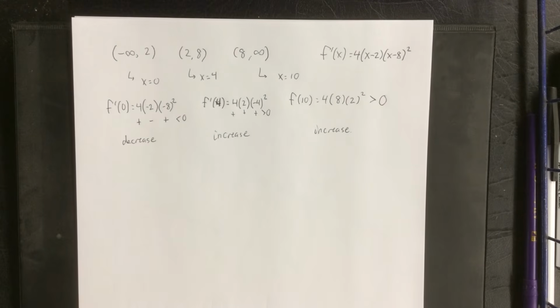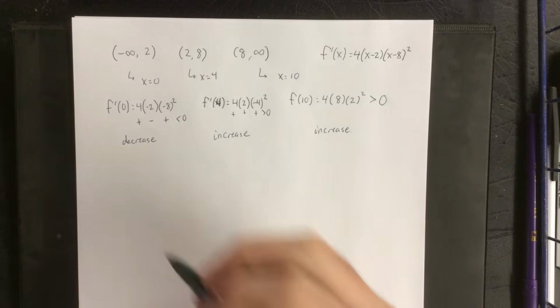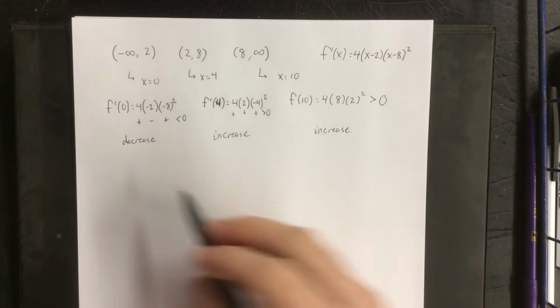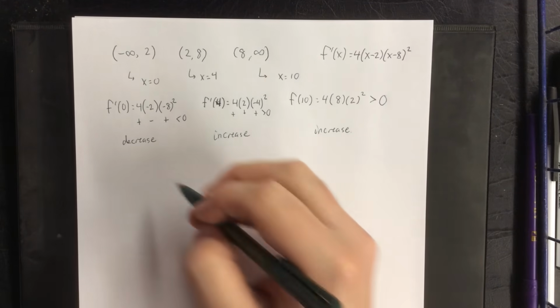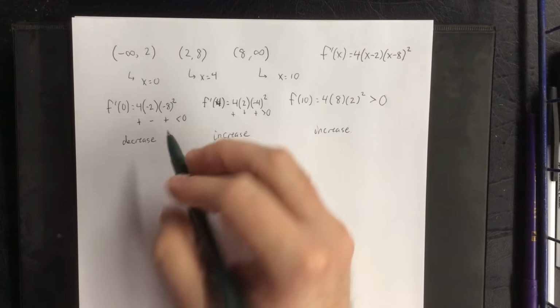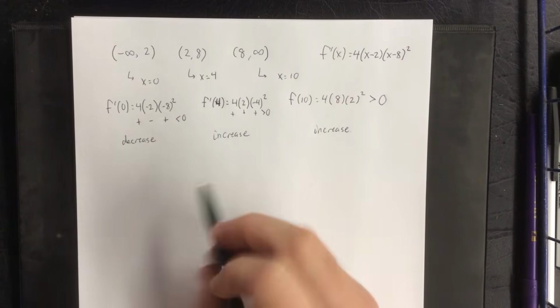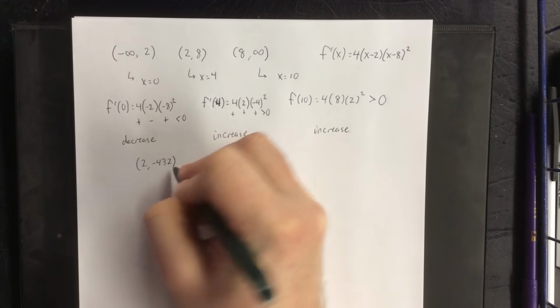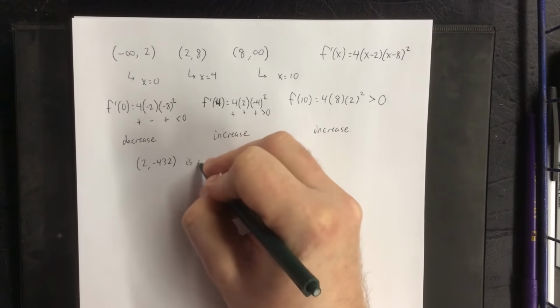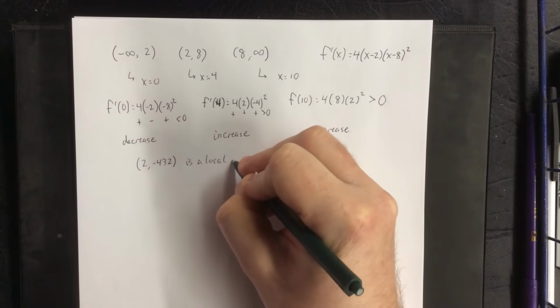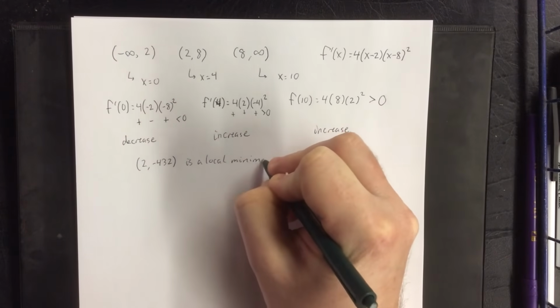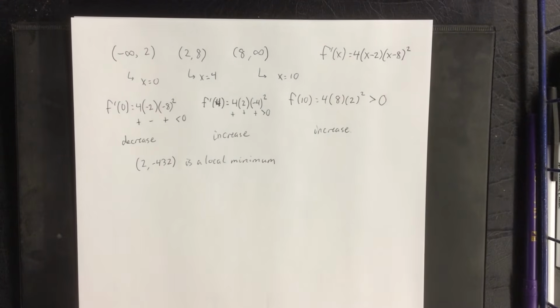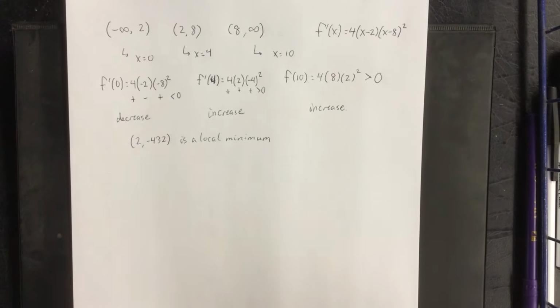At this point, I can also apply the first derivative test to classify these as local maxima or local minima. So at 2, we're changing from decreasing to increasing. So the point 2 comma negative 432, which we got from the previous page, is a local minimum. We're going to find out before too long that it's also an absolute minimum, but that's not what we're here to do.